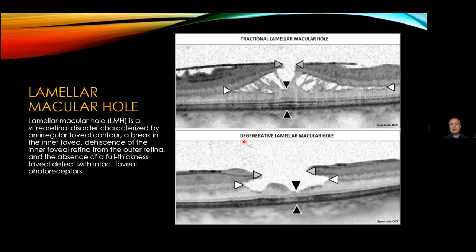You also then get a degenerative lamellar macular hole, where there's actually aging and cells dying and atrophying, but there's not something tractional causing it. And often if you go and operate this and you remove that dark little piece of epiretinal membrane, or that patchy epiretinal membrane there, these two ends come down a tiny bit, but it never has normal anatomy. So often this will not be operated.